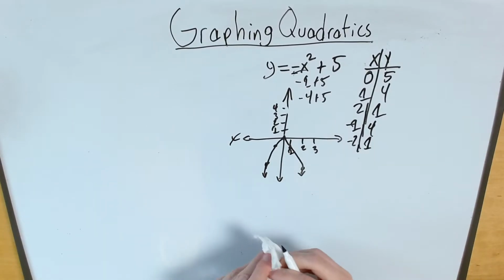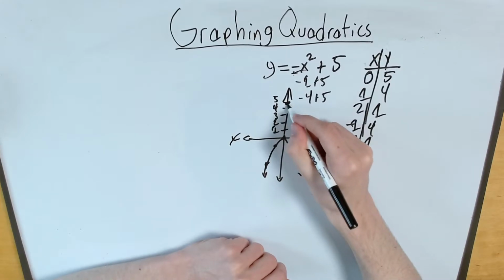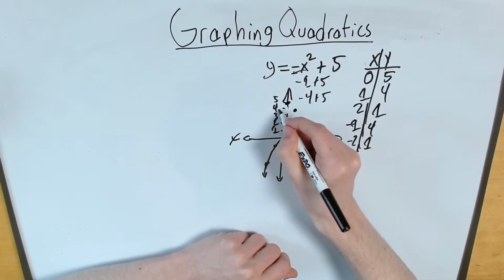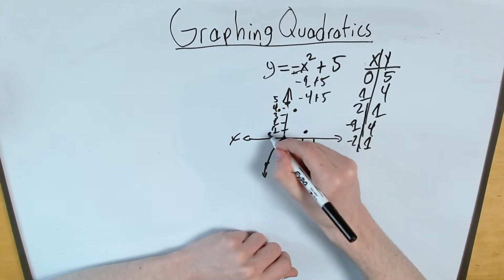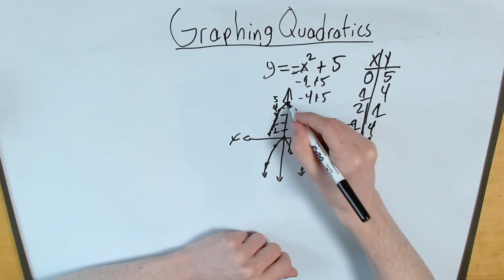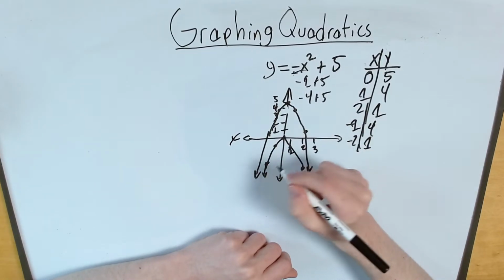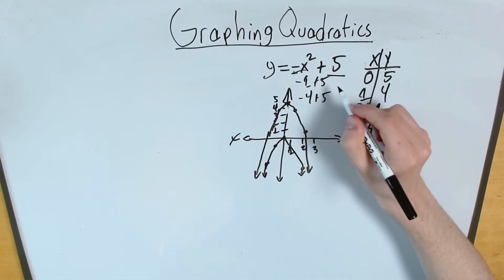So we actually see, if we were to graph this, let's say I'll just graph on top of this. That's 5, 1, 4, negative 1, 4, 2, 1. I actually get the exact same quadratic, just moved up 5 units.